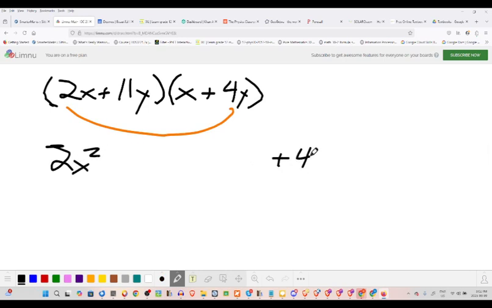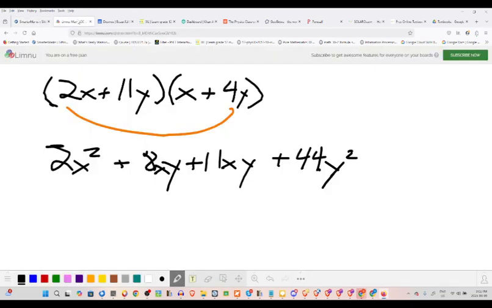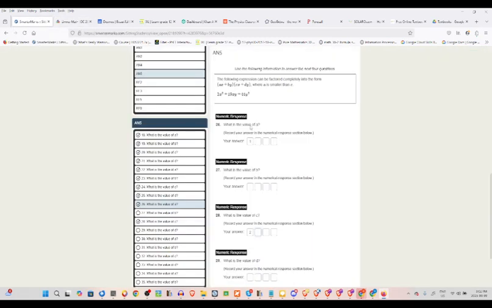We have our 44y. But 2 times 4 is 8y. 11 times 1, oh, that's an xy. 11 times 1 is 11xy, and then 8 plus 11 is our 19 that we're looking for. So 1x goes in the same bracket as 4y, and 2x goes in the same bracket as 11y.